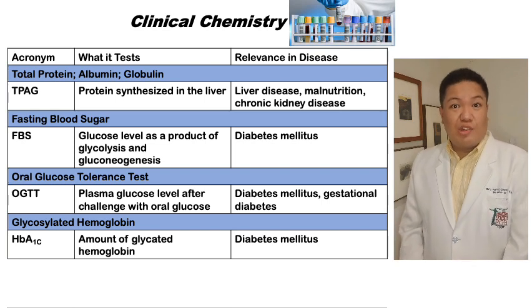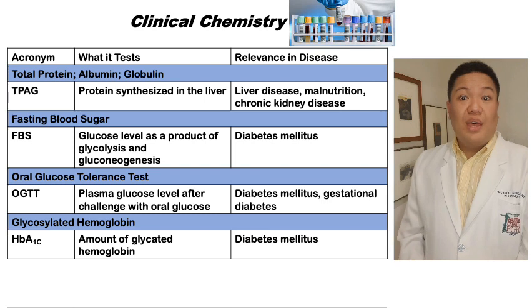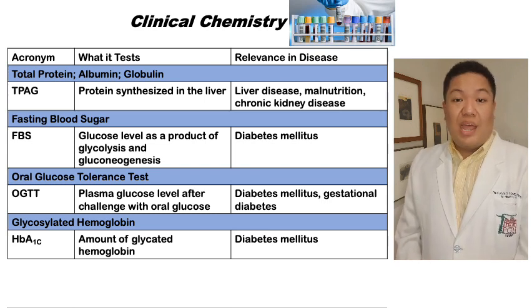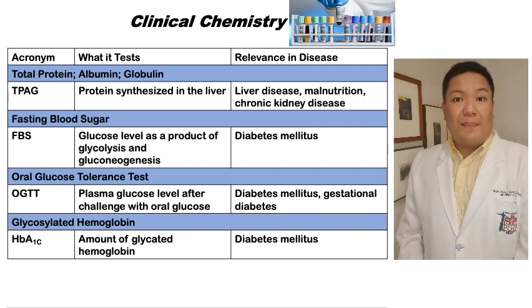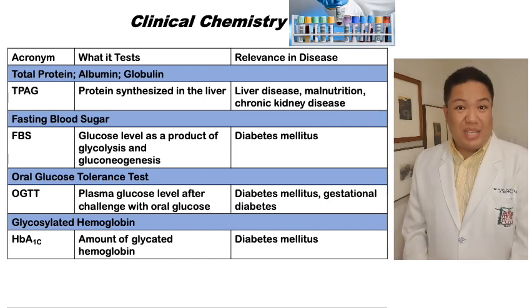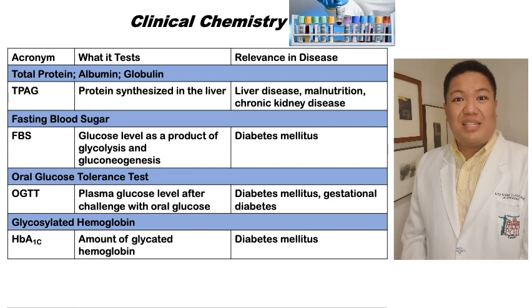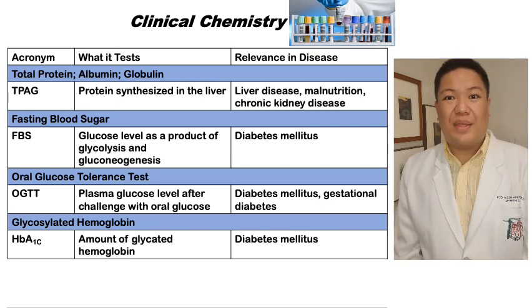FBS, or the fasting blood sugar, is one of the laboratories that we need for the diagnosis of diabetes mellitus. And the OGTT is one of the criteria that we can also use for the determination of diabetes, especially in pregnant patients. HbA1c would tell us whether the diabetes is indeed controlled, and we also do it here in the chemistry laboratory.